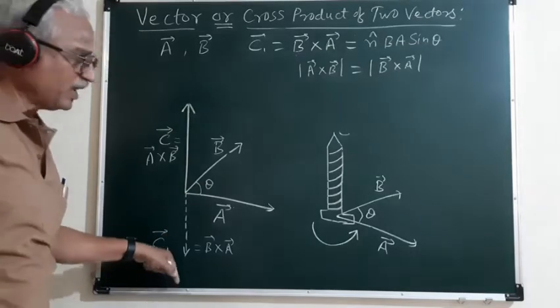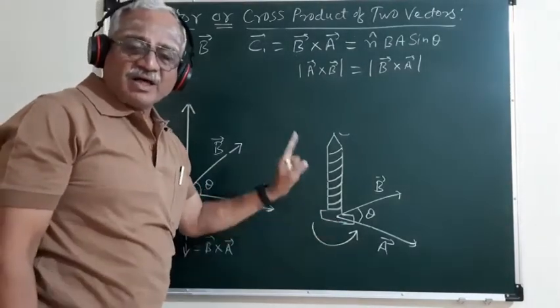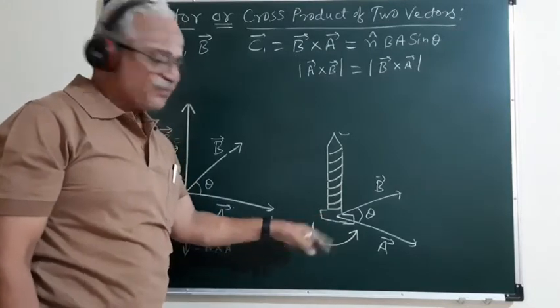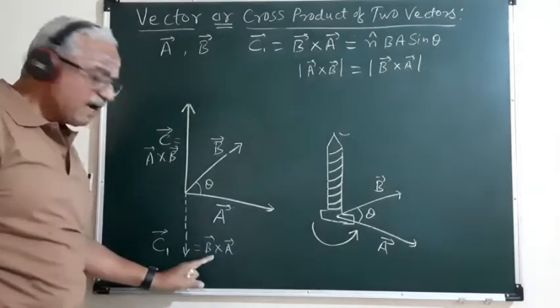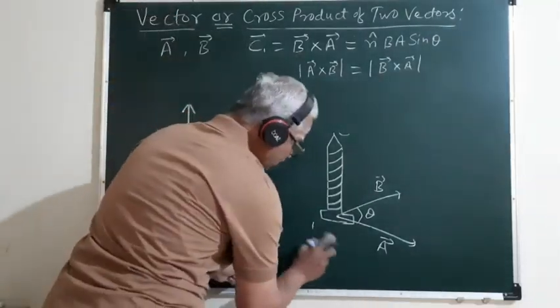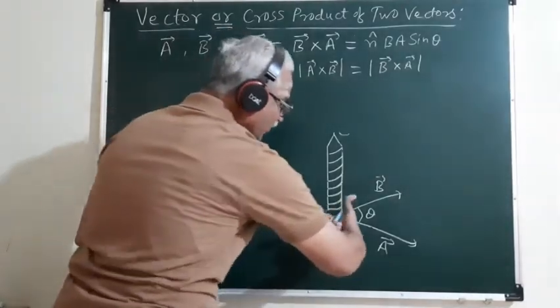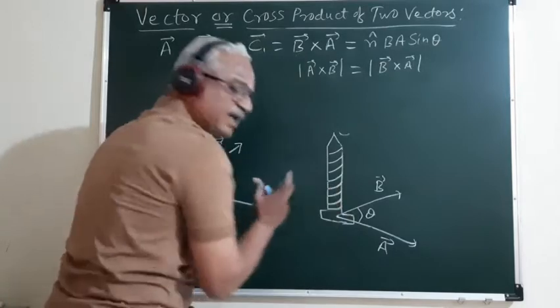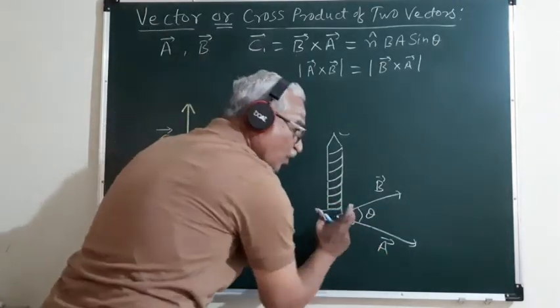Similarly, by using this right hand screw rule also, we can know the direction of this vector C bar representing B bar cross A bar. In this case, we have to rotate this right handed screw in the sense from the first vector in the product towards the second vector, that is from B bar to A bar, that is in the clockwise direction.